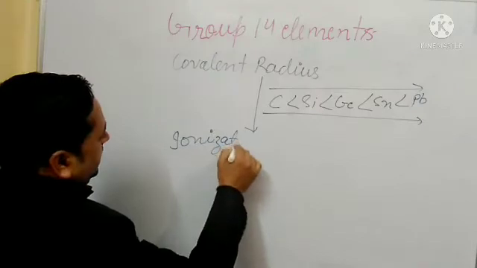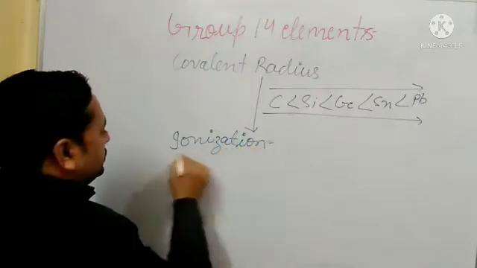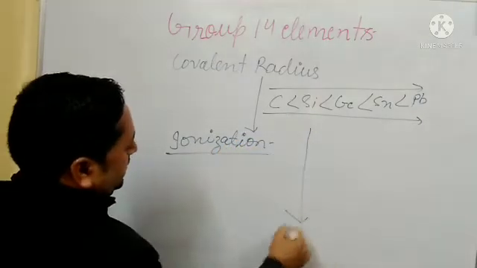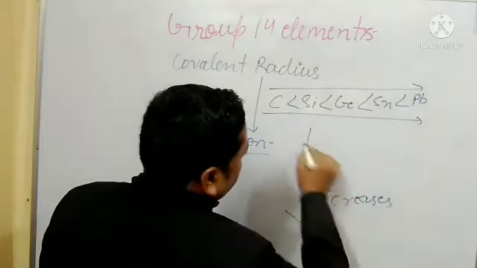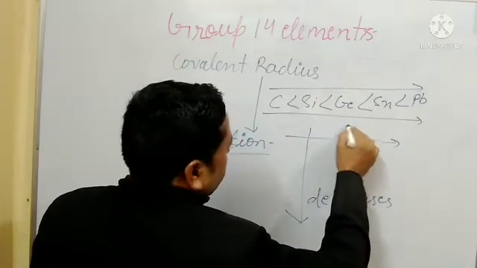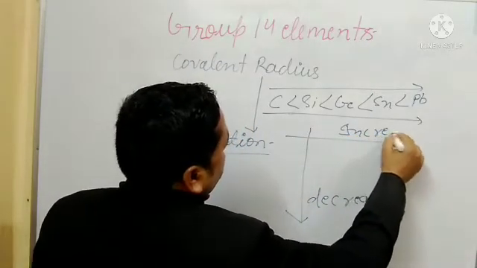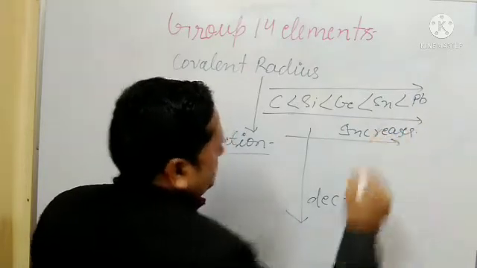What is ionization potential? Ionization potential decreases down the group and increases across the period, as you might already know and have discussed.